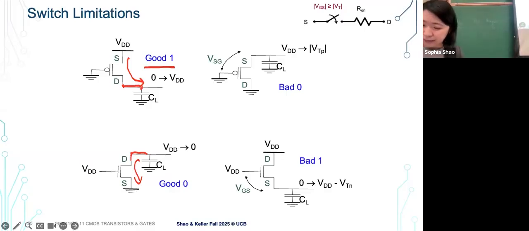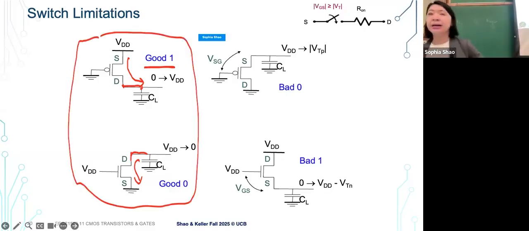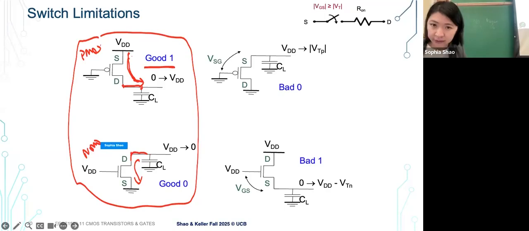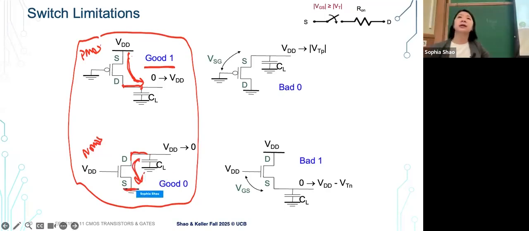So in reality, you want to use PMOS when you connect to VDD so that you get good ones. For NMOS, the source is connected to the ground, so you can fully discharge. If you recall, we drew a lot of inverters before.